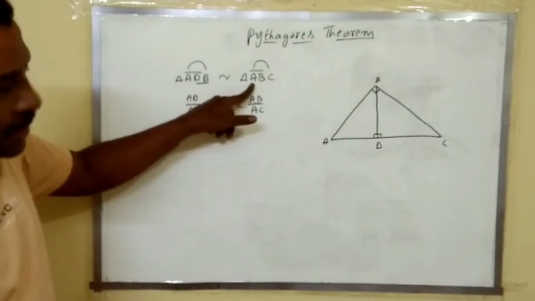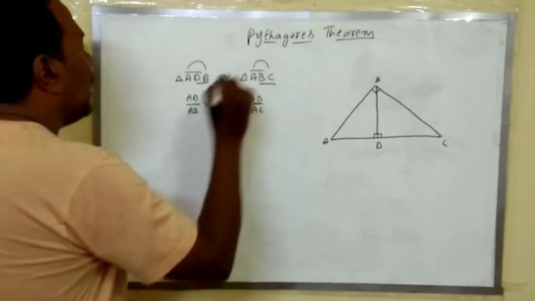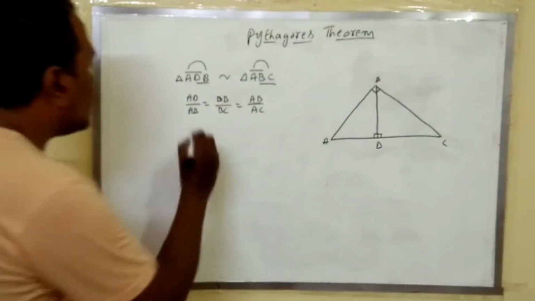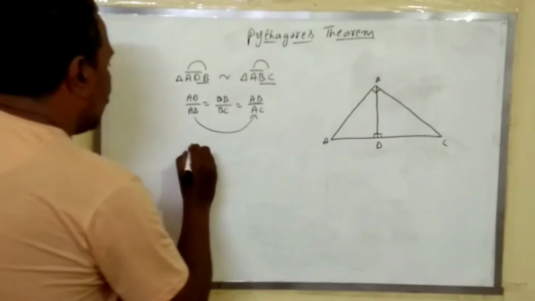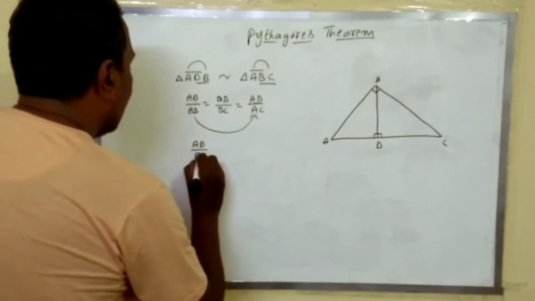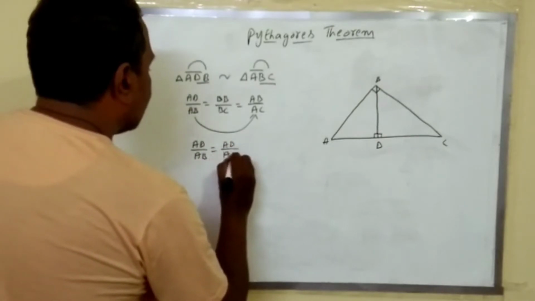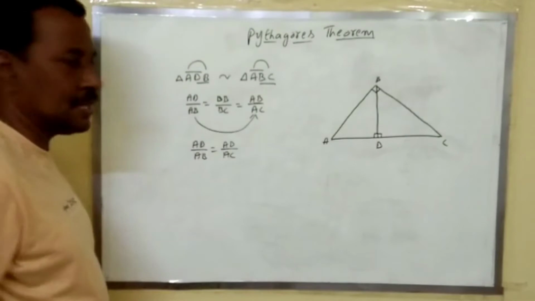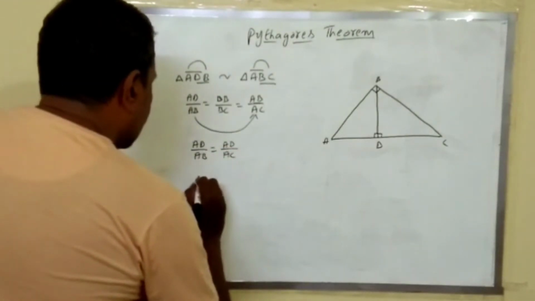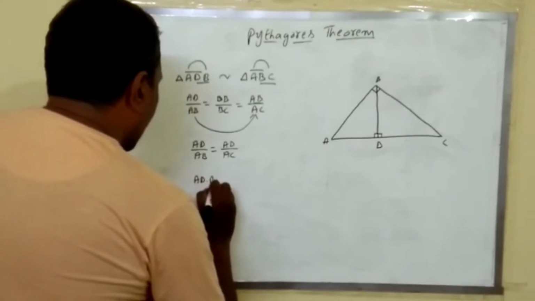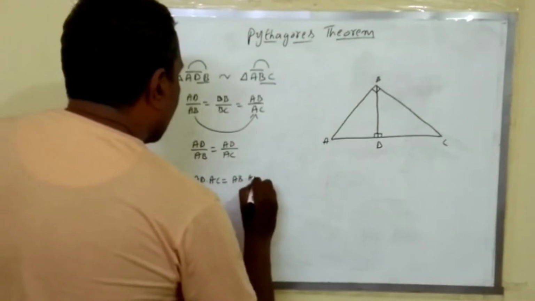Now I consider these two proportionate sides. So you take AD by AB is equal to AB by AC. Consider these two proportionate sides. Take cross multiplication. That is AD into AC is equal to AB into AB.